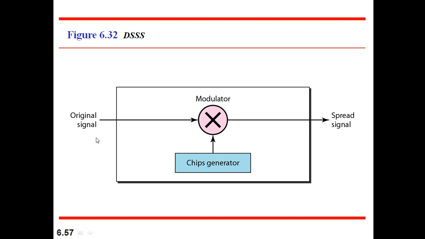Here each data bit is replaced with an n-bit spreading code. We have a spreading code and an original signal, and these data bits are replaced by an n-bit spreading code. In the sense, each bit is assigned a code of n bits. We call them chips, where the chip rate is n times that of the data bit.